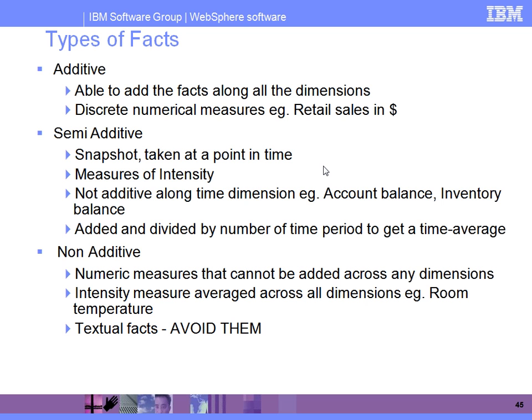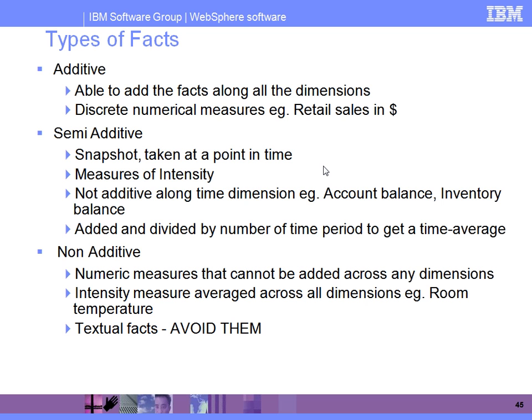What is the meaning of this non-additive fact? We have some numerical measures in the fact table, and those numerical measures we are not going to use across any of the dimension tables. Generally we can call some room temperature values, or any other counts, like furniture count.